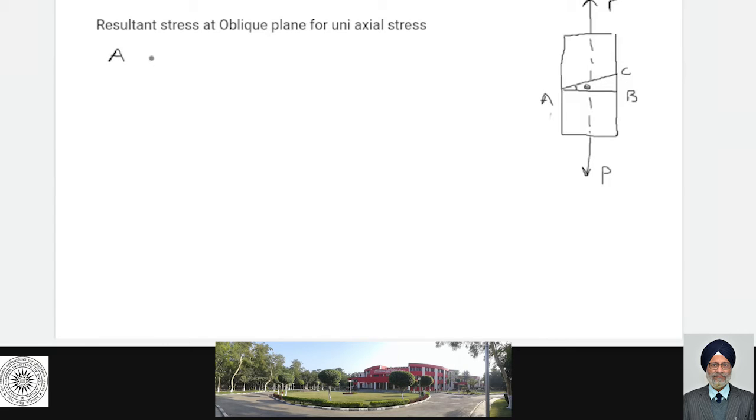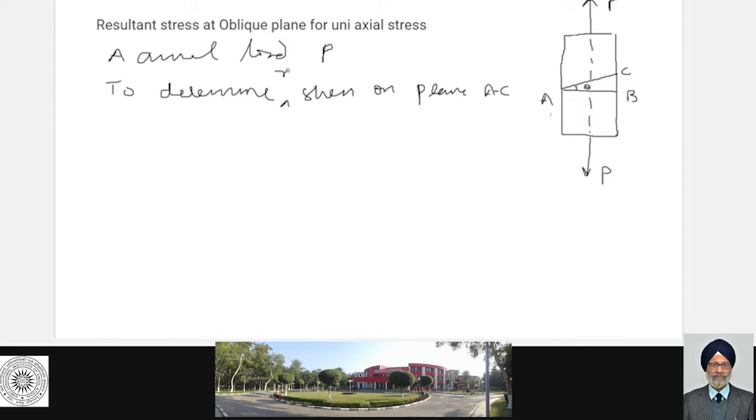So we have considered an axial load P, right? So to determine the stress on plane AC, to determine the resultant stress, here you can write resultant stress.